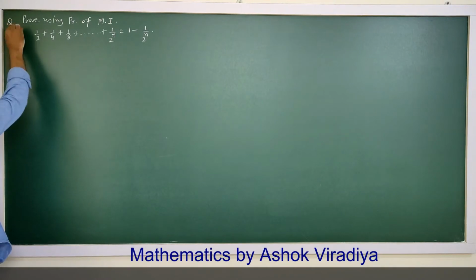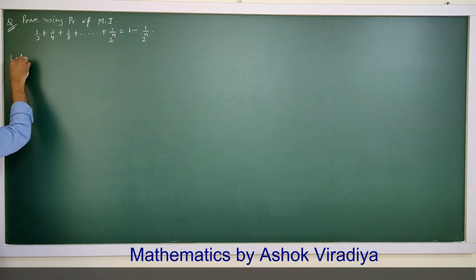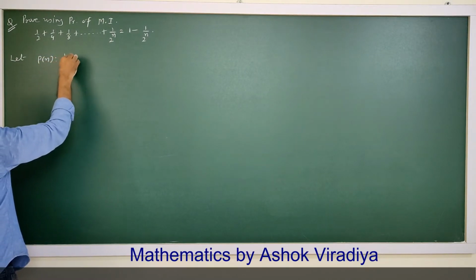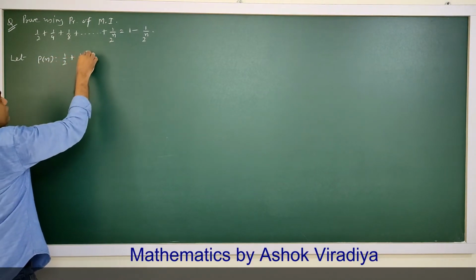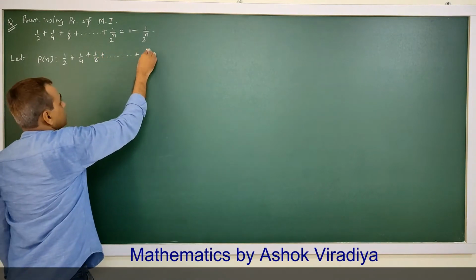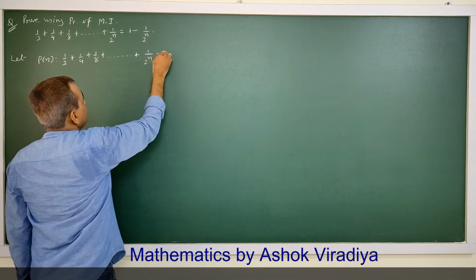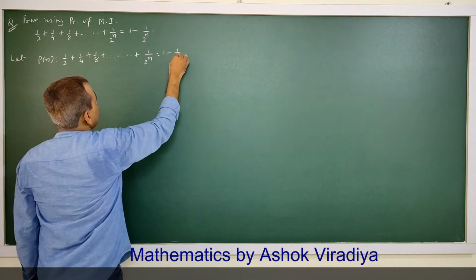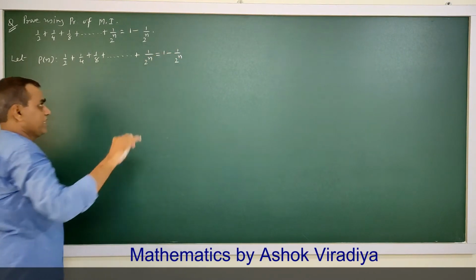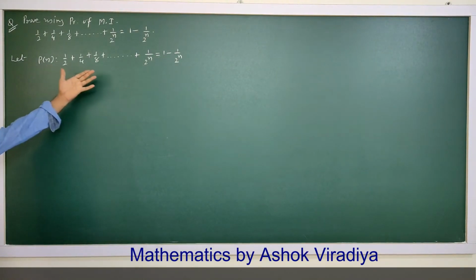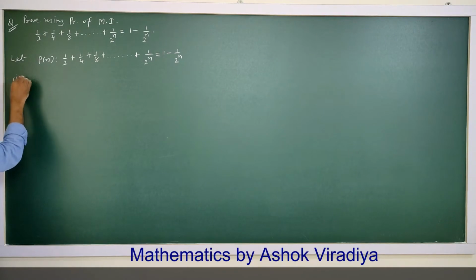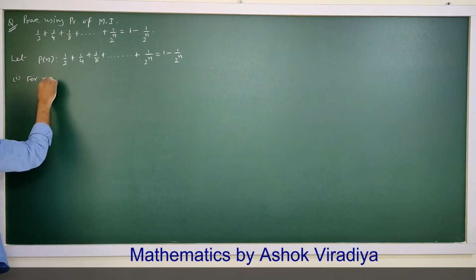New question. Let P(n): 1 by 2 plus 1 by 4 plus 1 by 8 plus up to 1 by 2 raised to n is 1 minus 1 upon 2 raised to n. This is the statement for natural numbers. First part, for n equal to 1.